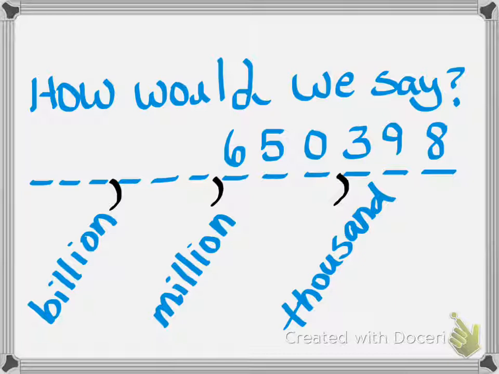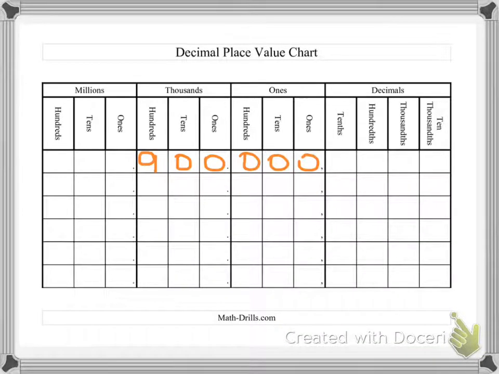We don't always have those labels, however. So let's take a look at this place value chart. What we're going to do is ignore the decimal columns. I just used the same chart that we had from another lesson, just made it a little bit easier today.